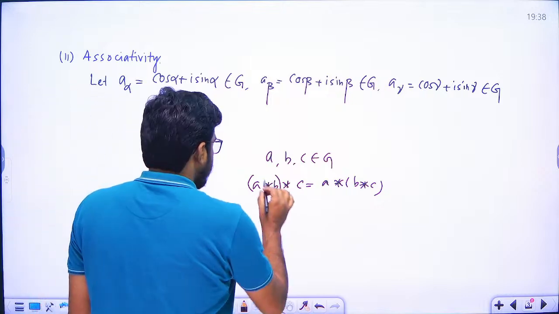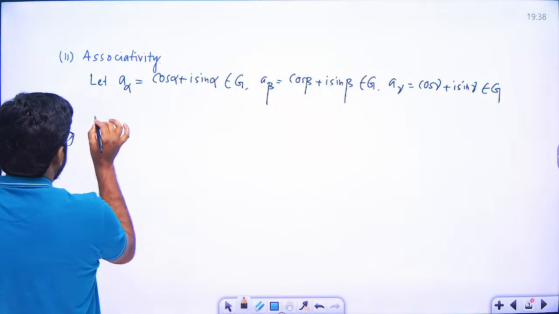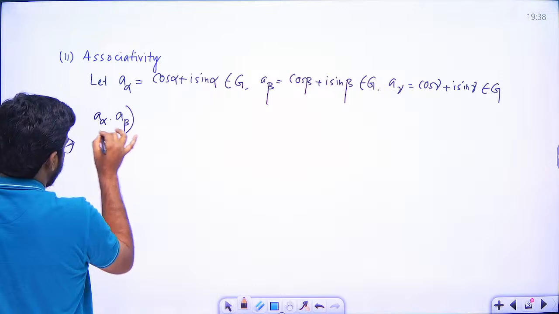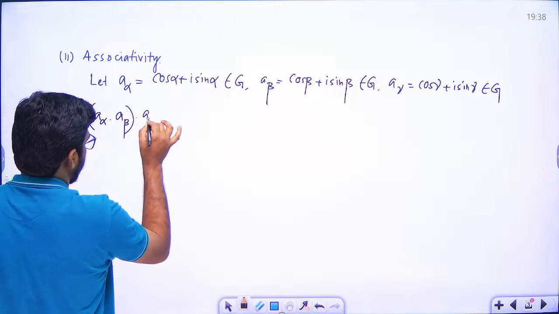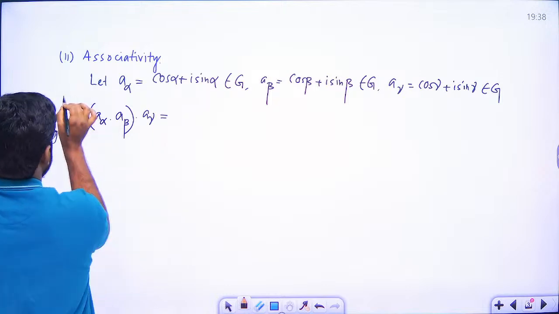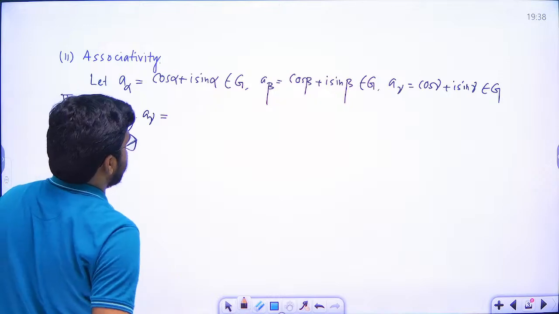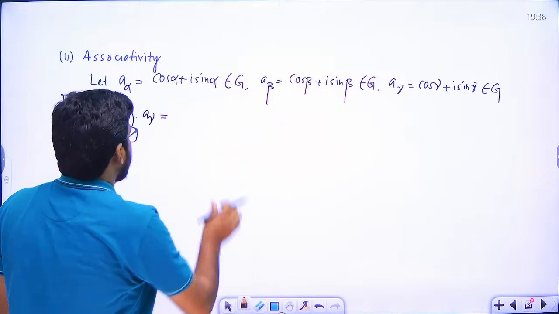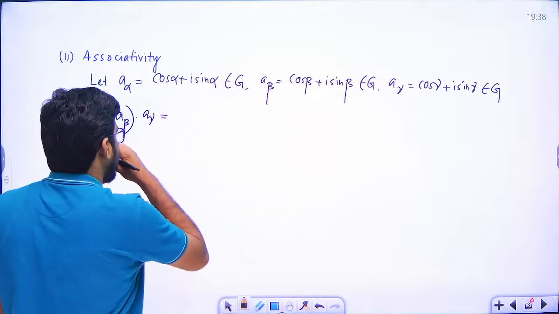So a alpha dot a beta, here the operation is multiplication, dot a gamma. Then a alpha dot a beta: this is a alpha, this is a beta. If we multiply this, what do we get? Cos alpha plus beta plus i sin alpha plus beta, right?